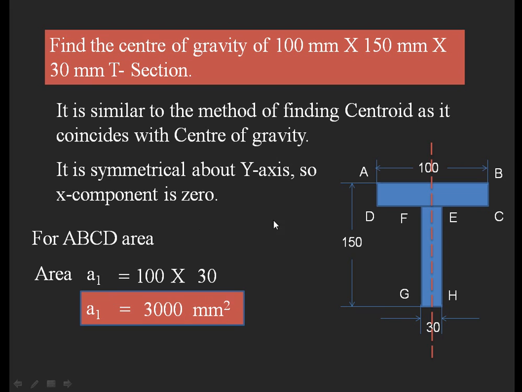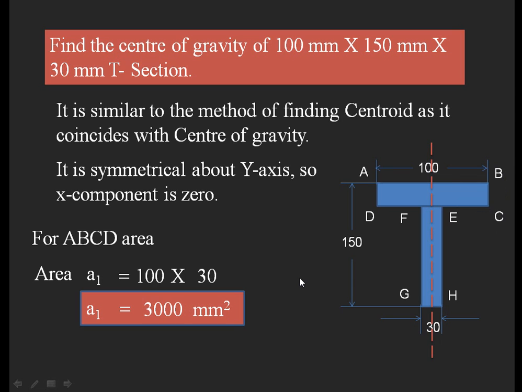Now I want to write the y component, that means the center of gravity position along the y-axis, from the base to the midpoint of this area, which is the center of gravity for this divided part ABCD.